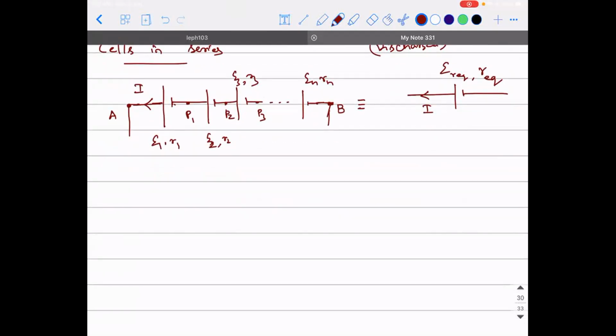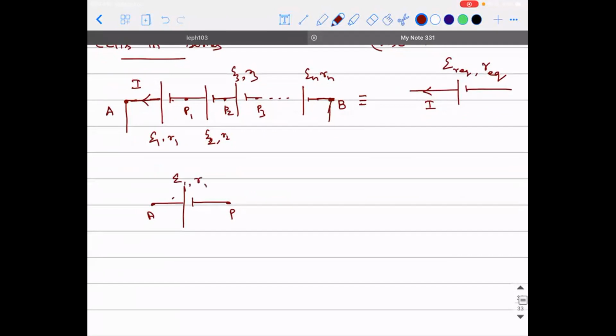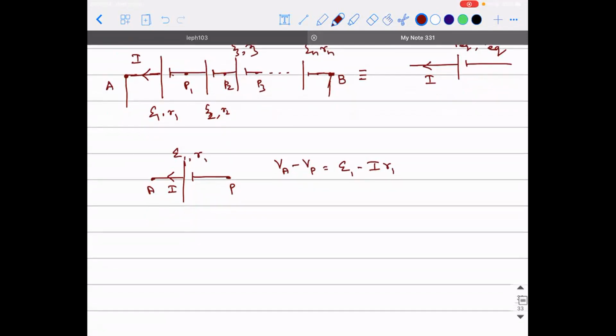Now, listen to this carefully. If I take the first cell alone, with this point as A and this point as P1, then the EMF is E1, the resistance is R1 and the current is I. Then what is VA minus VP1, according to the equation I gave you? Is it not E1 minus I into R1? Correct? Similarly, VP1 minus VP2, you tell me.